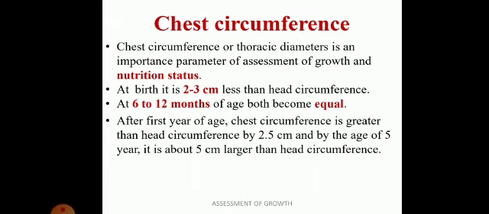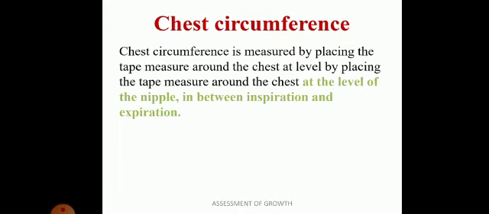Gradually the chest circumference becomes larger as compared to head circumference. So here the things go upside down. Clear? Initially the head circumference is more. By the age of 6 to 12 months both will be equal, and after 1 year of age your chest circumference will be more. Clear? And by the age of 5 years your chest circumference will be 5 centimeters larger than your head circumference, and gradually this difference will increase based on your body size.